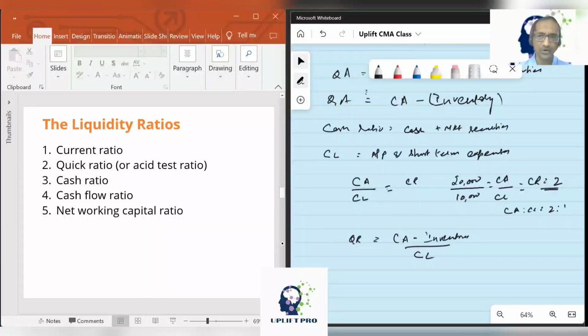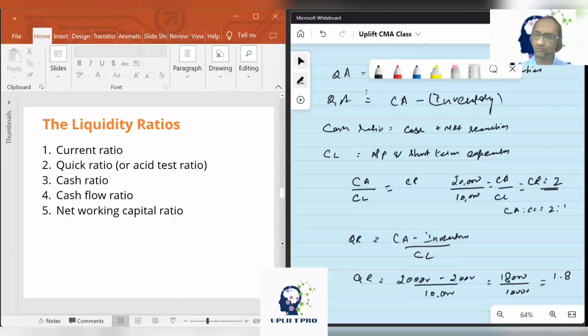Let us say you have inventory worth $2,000. So your quick ratio in this case is current assets 20,000 minus your inventory worth 2,000, divided by current liabilities of 10,000. So you have 18,000 divided by 10,000, which gives you a quick ratio of 1.8.